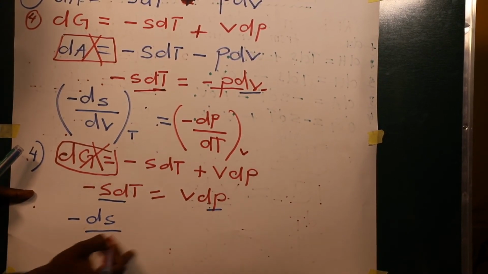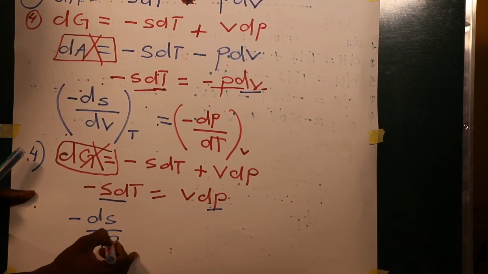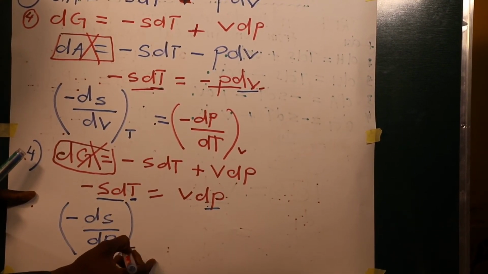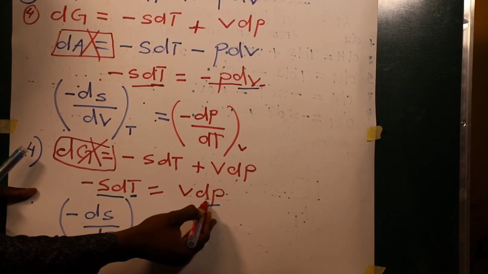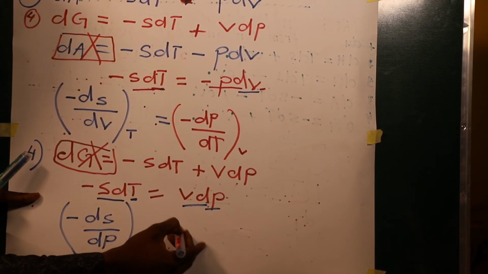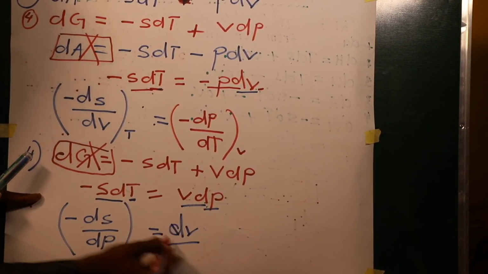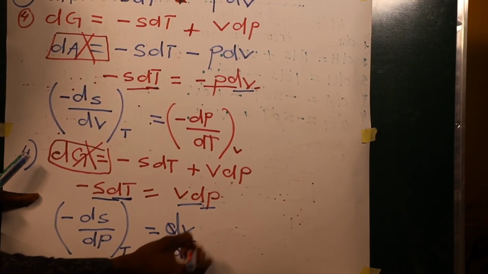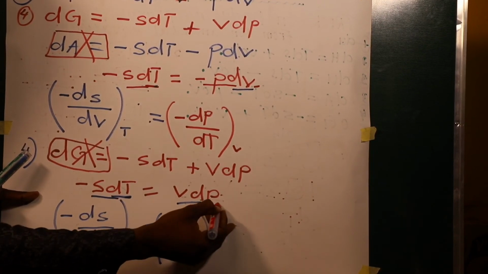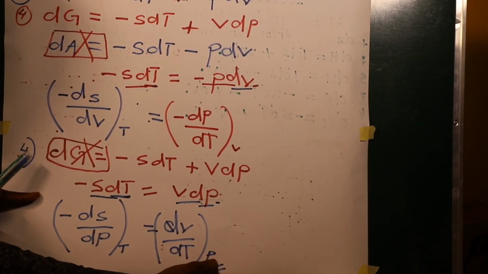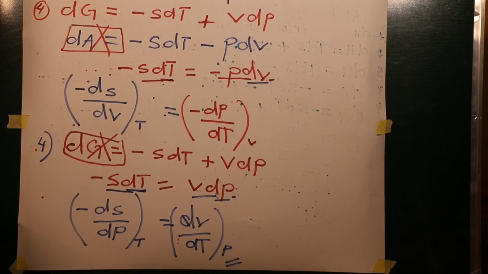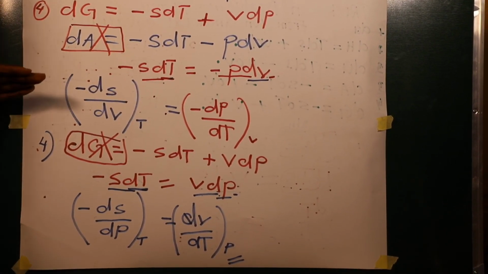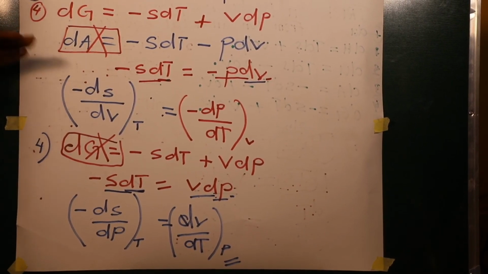We divide it by the last two variables of the second part of the equation, dP. We close the bracket with respect to T. Then, after the equality sign, we take the first two variables in the second part of the equation, dV, all over the last two variables in the first part of the equation, dT. Close the bracket with respect to P. This is very simple. This is a short trick on how to deduce the Maxwell equations from the fundamental thermodynamic equations.